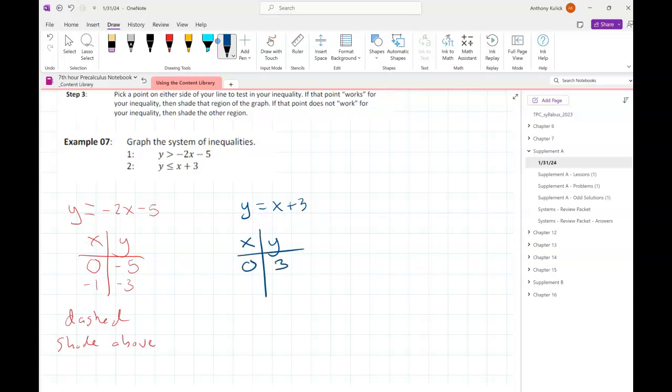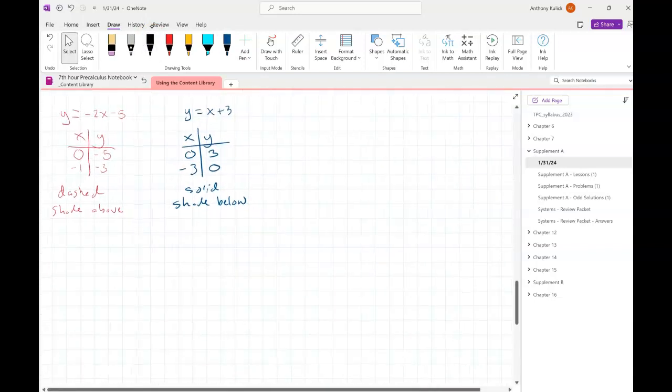Okay, so same kind of thing here. So maybe I do that. Should equation 2 be solid or dashed? Solid, very good, because it's an or equal to. And should we be shading above or below? Below, because it's a less than. Everybody feel okay so far?